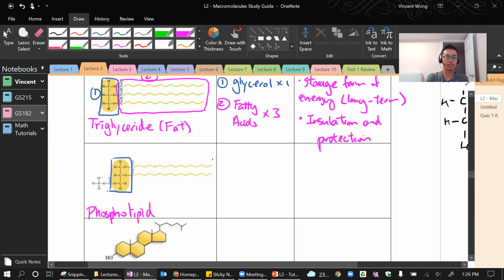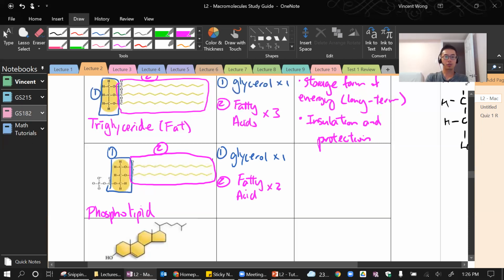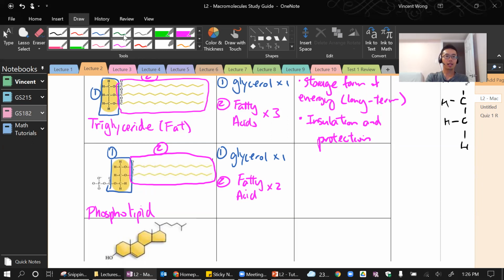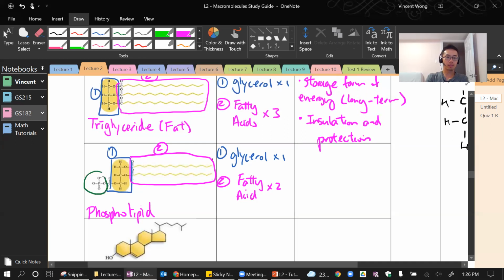We have the glycerol like before, just one of those. We will have two fatty acid tails, fatty acid times 2. And we're going to have a third portion, number 3, a phosphate group.